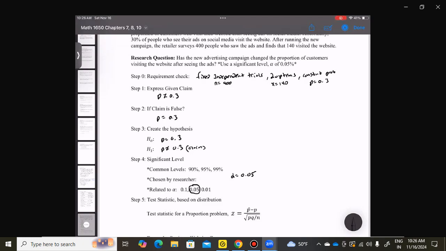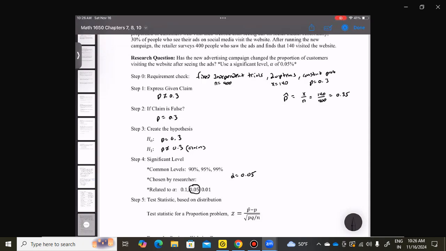And then we want to look at our test statistic. Now, one thing we have to do is we have to find p hat. p hat is our x over n, which is 140 over 400. That comes out to be about 35%. Okay. So we can see that our sample proportion is 0.35 or 35%.